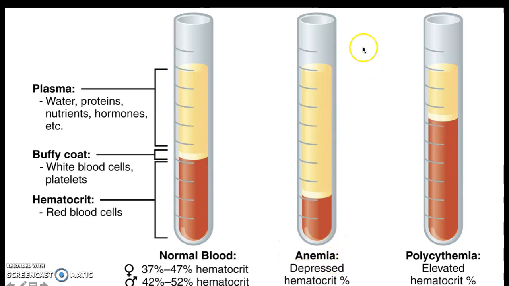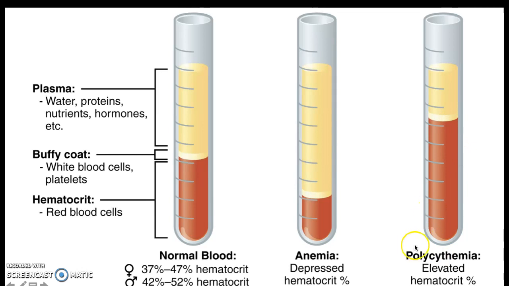If you look at this, you can see that even though the tube contains the same volume of blood, the percentage of blood that is composed of red blood cells is much smaller. In a contrasting condition, polycythemia, in the same volume of blood we have a relatively greater percentage of red blood cells.